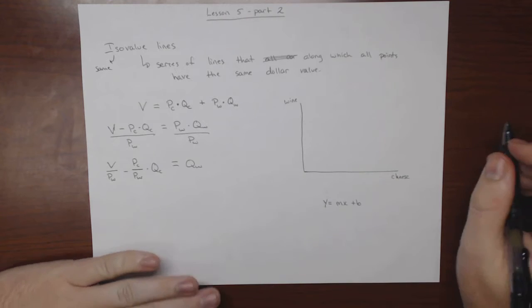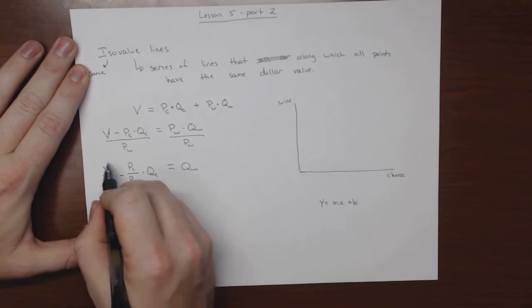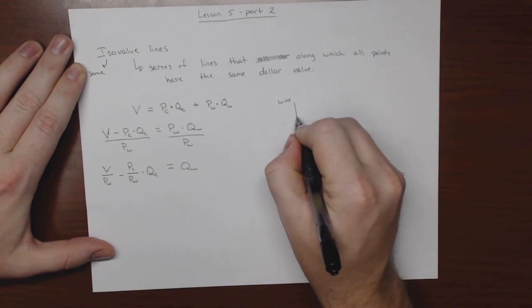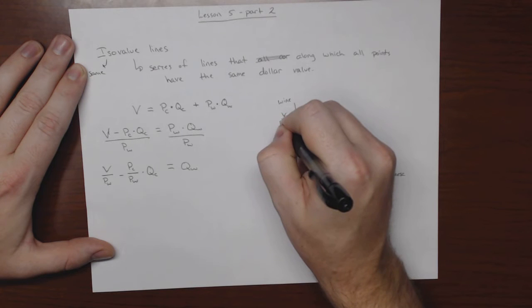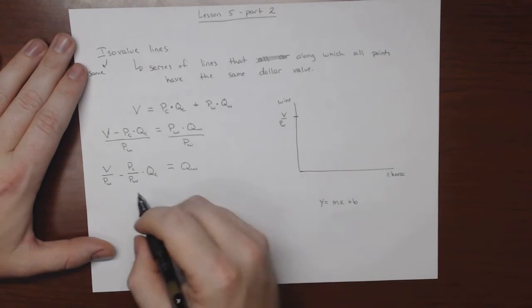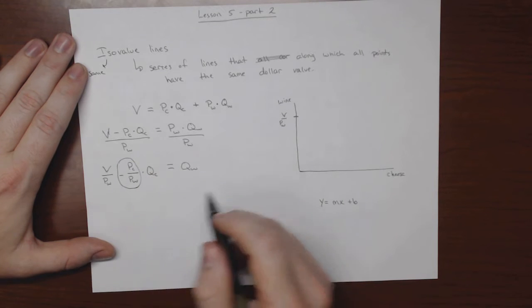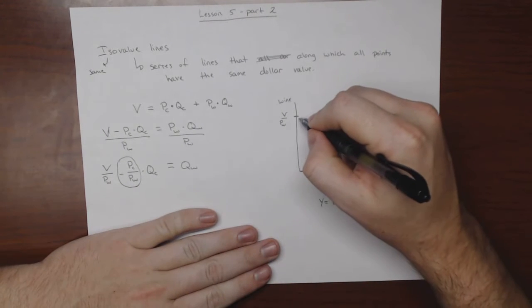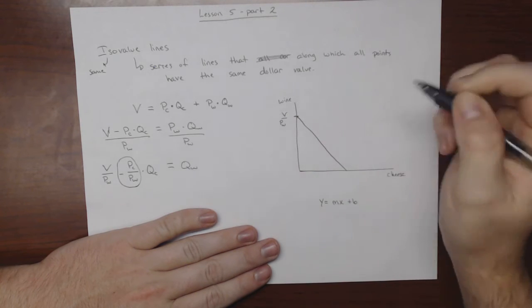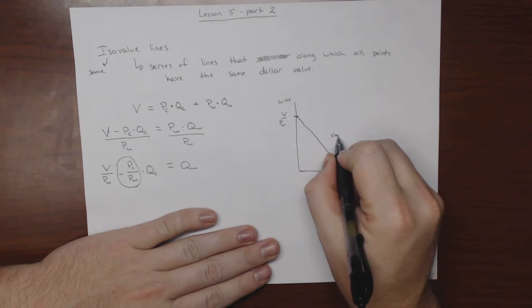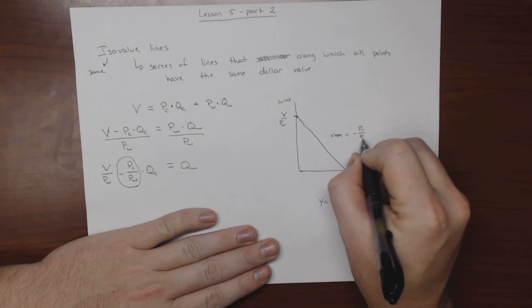Okay, so what we have is our b. So b is this number here, V over PW. And the slope is this negative PC over PW. So slope equals negative PC over PW.